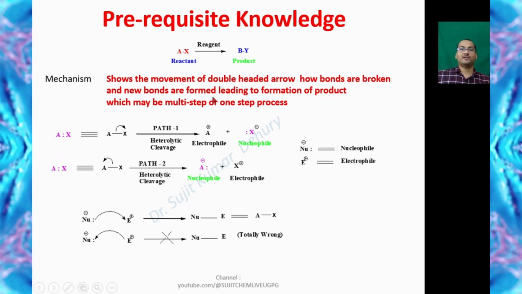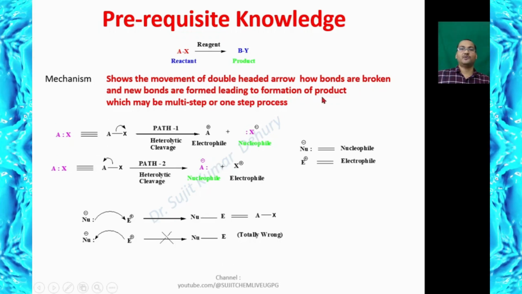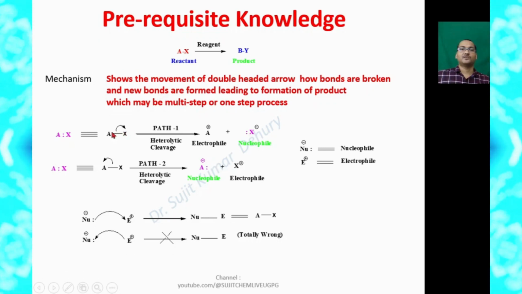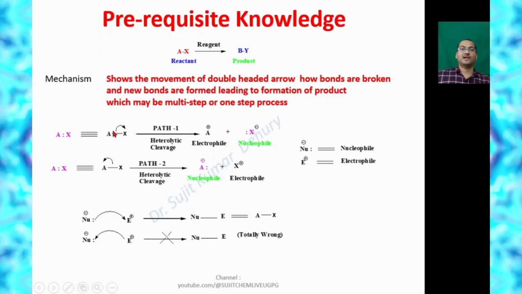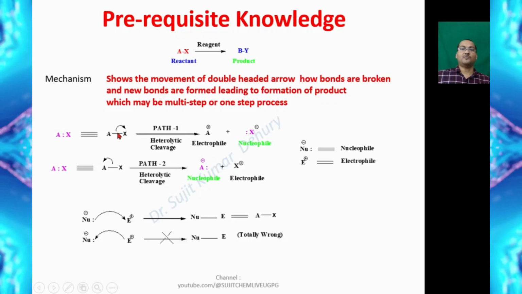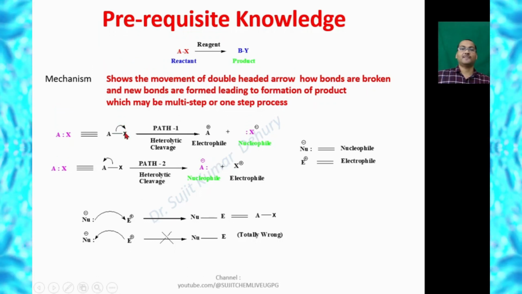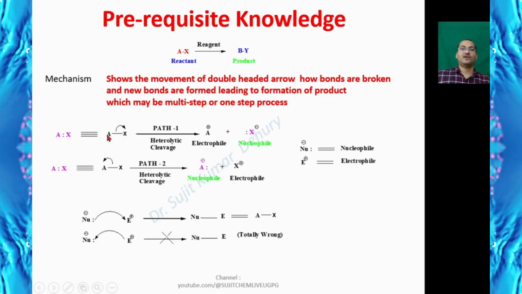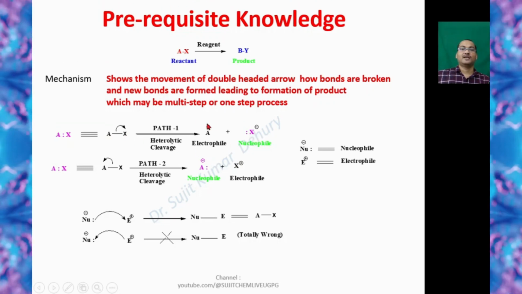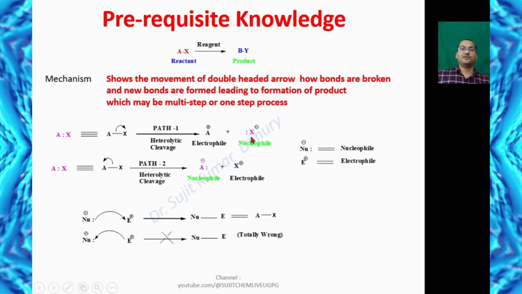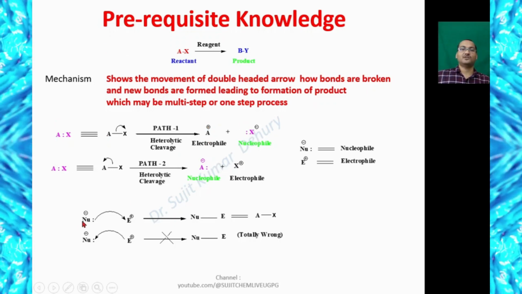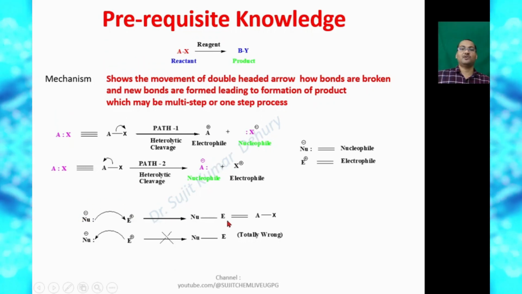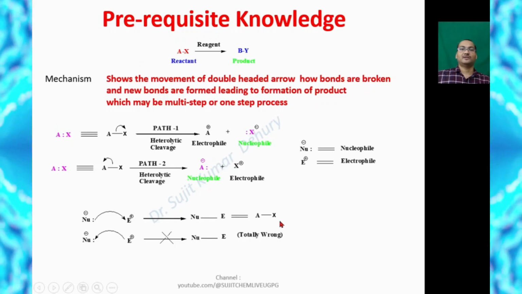It shows how the bonds are broken and new bonds are formed, leading to formation of product, which may be a multi-step or one-step process. Suppose this A-X bond is broken heterolytically, and the atom on which this bond is breaking gets a negative charge with both the electrons, that becomes the nucleophile, and the other atom becomes the electrophile. By the principle of mechanism, the nucleophile will always attack the electrophile, giving rise to a nucleophile-electrophile bond, that is the A-X bond.